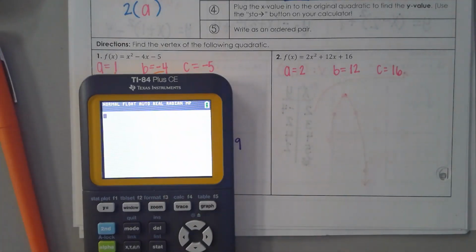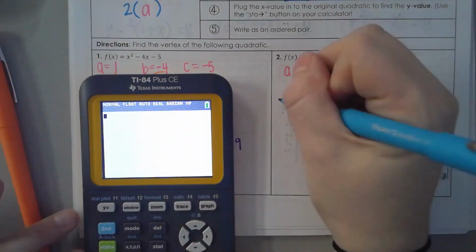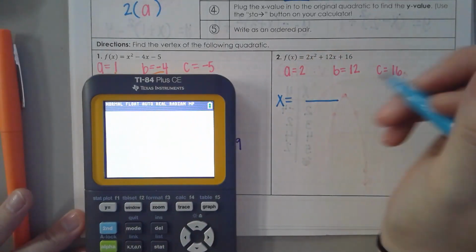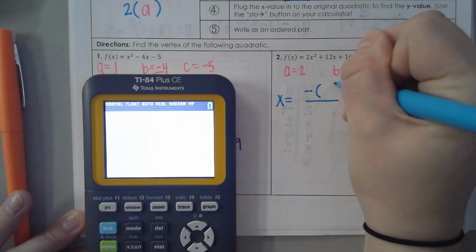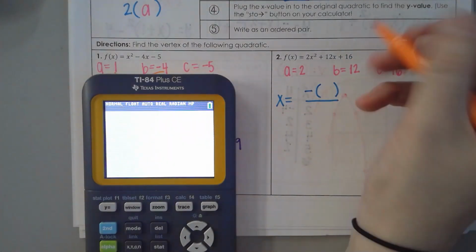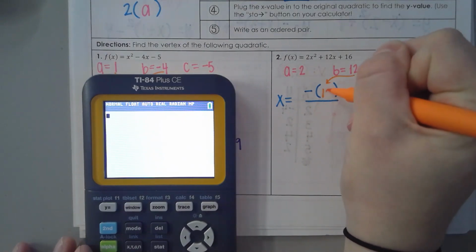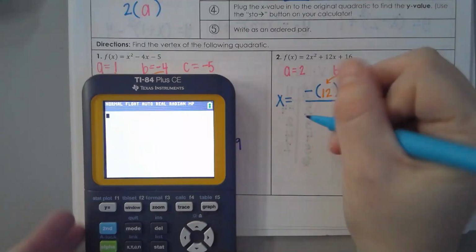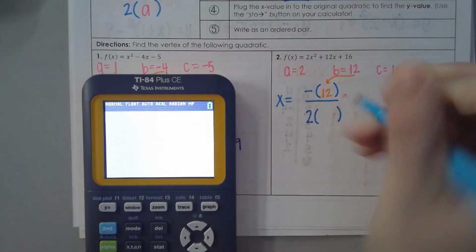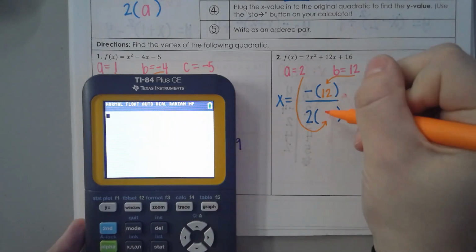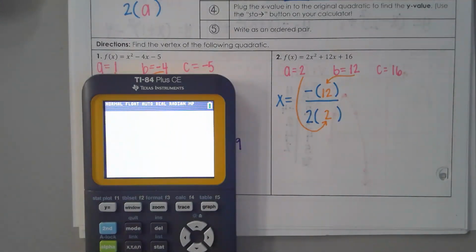Then I'm going to go to my formula. X equals negative B. So I'm going to put my B in those parentheses over 2 times my A. Negative B over 2A.